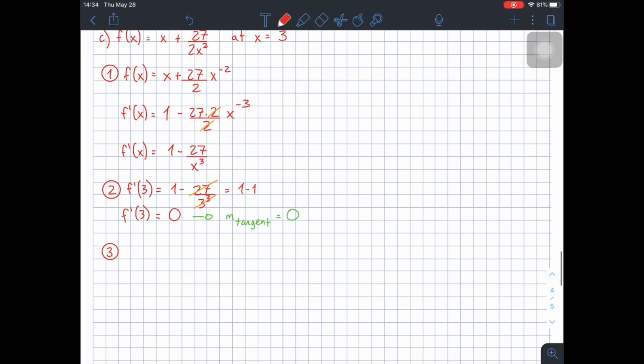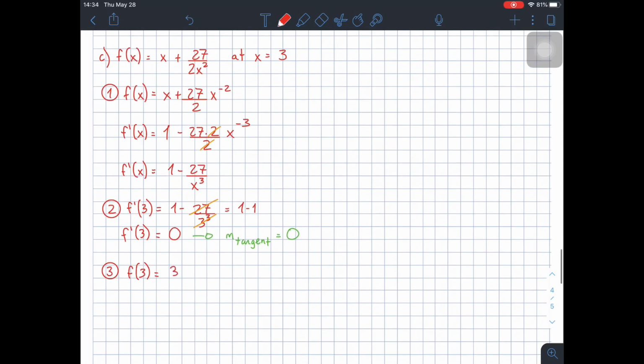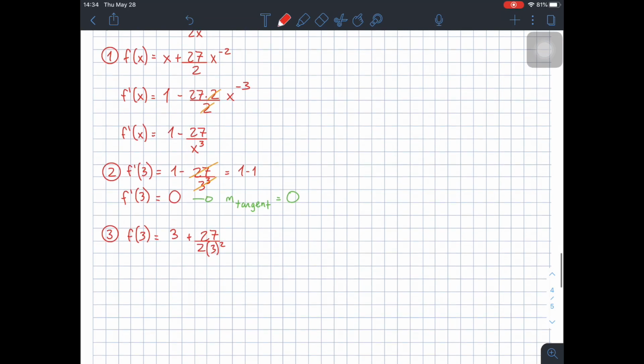So we're going to find f of 3, which is equal to 3 plus 27 over 2 times 3 squared, and this is equal to 3 plus 27 over 2 times 9, that's 18, and we can simplify this. If we divide both by 9, this would be 3 halves.